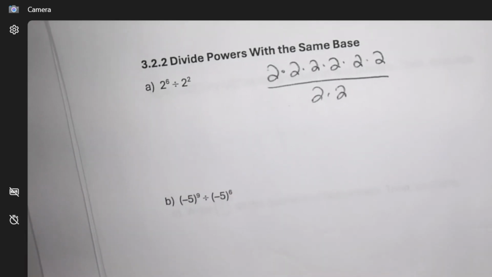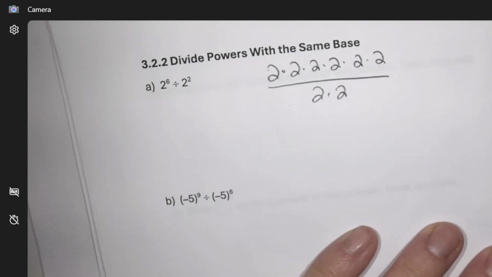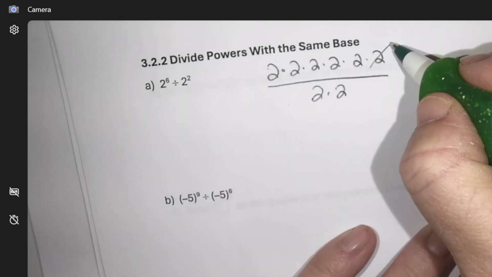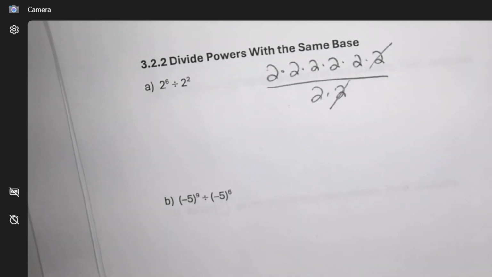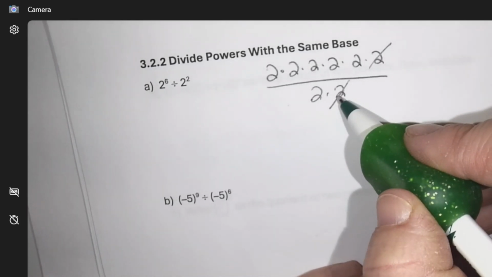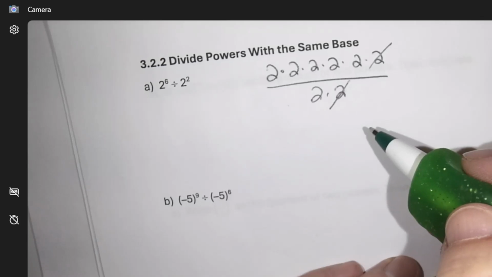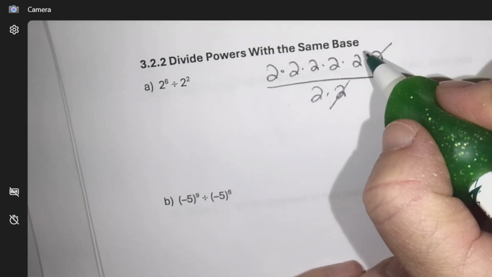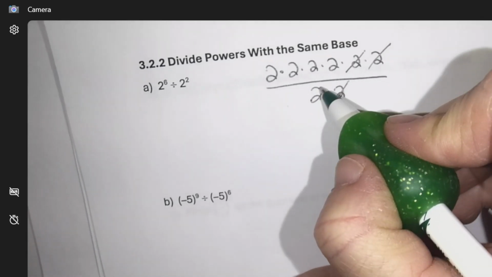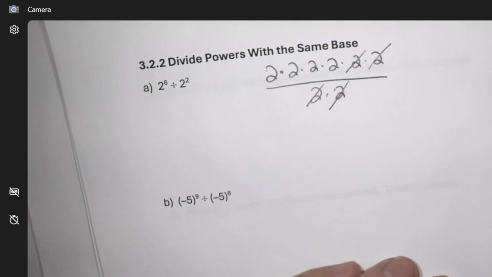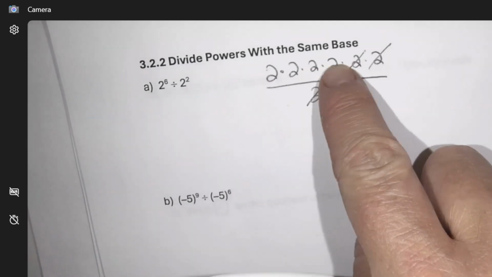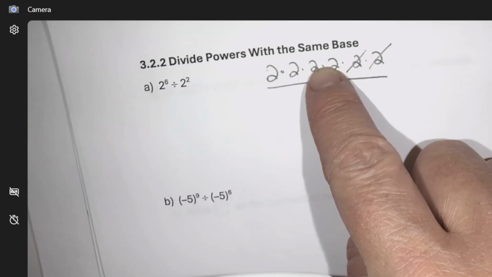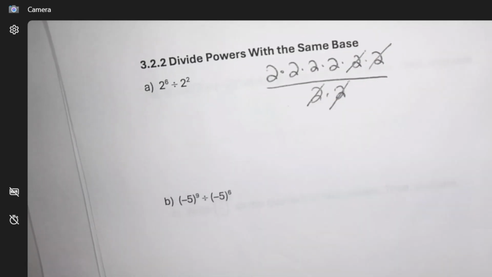Okay. Do you know that this can happen in math? If you have a 2 on top divided by a 2 on the bottom, they can cancel each other to make 1, essentially, right? What's 2 divided by 2? 1. So I can just scratch it off. Cancel it. I can also do that again here and here. You can only do it with division. You can't do it beside each other because they don't multiply to 1. 2 divided by 2 is 1.